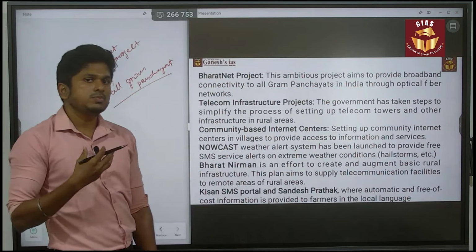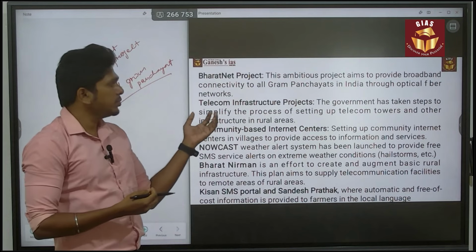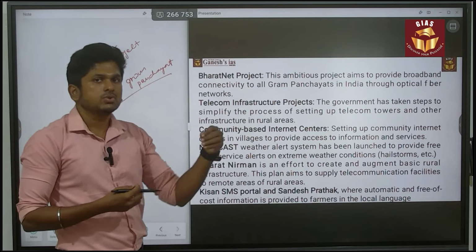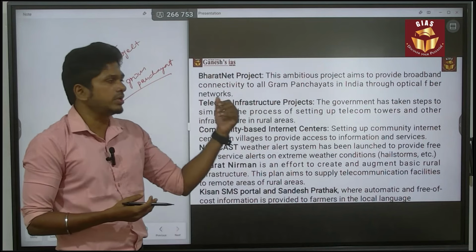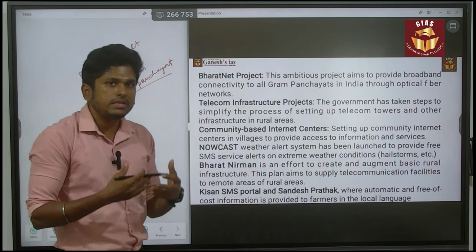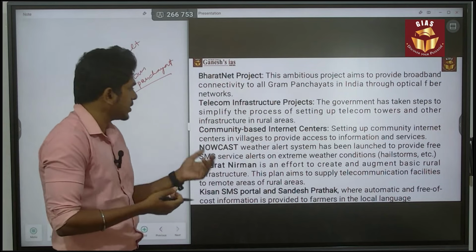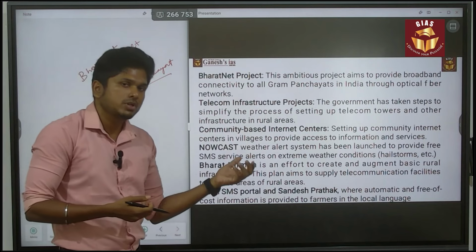The government is providing certain benefits for the telecom players to install their towers in the rural areas. They are providing certain subsidies for them. So that is what the government is doing, and it is going to increase data connectivity for rural areas also. And community based internet services are also being provided by the government.